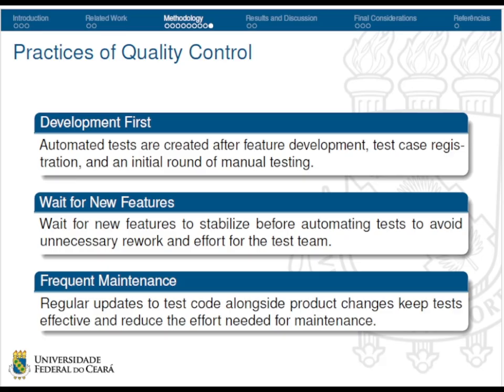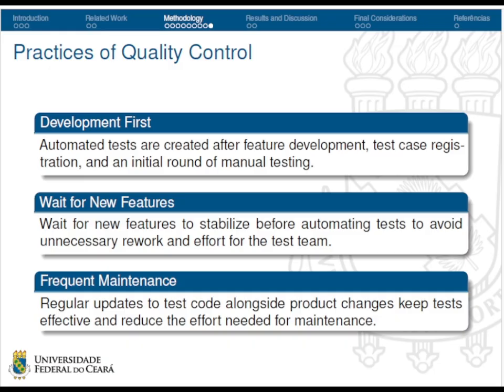The automated tests are created after the development of a feature, test case registration, and an initial round of manual testing. So we will test manually first, and then we will automate for retesting.